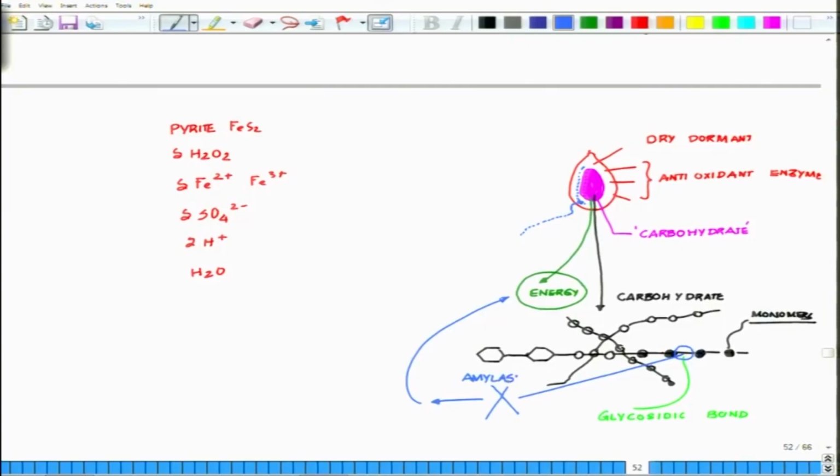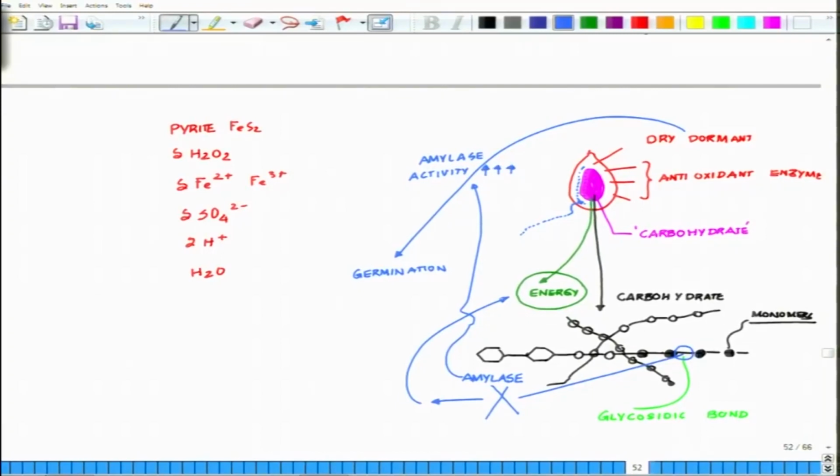So, amylase activity: when the seed is heading from dormancy towards germination, what we observed is that amylase activity goes up significantly.